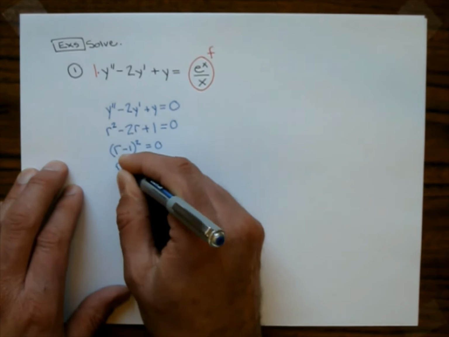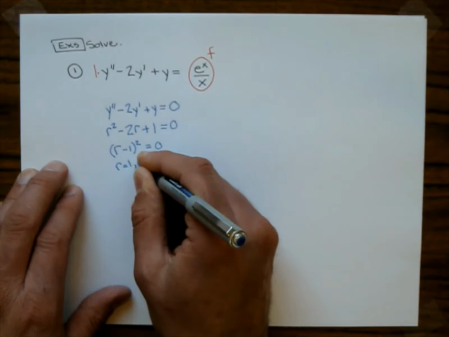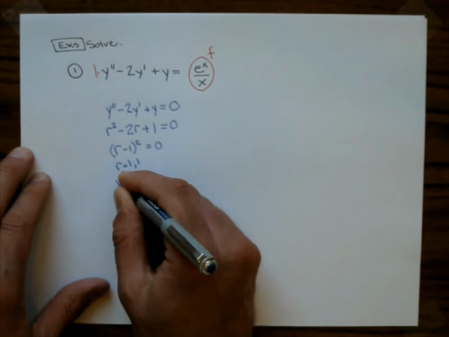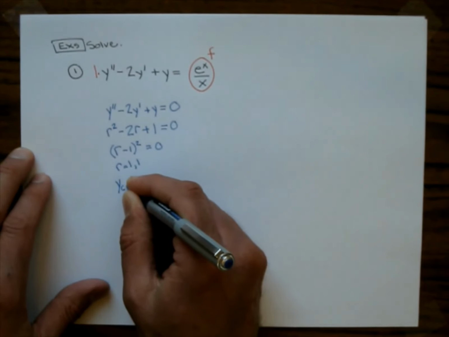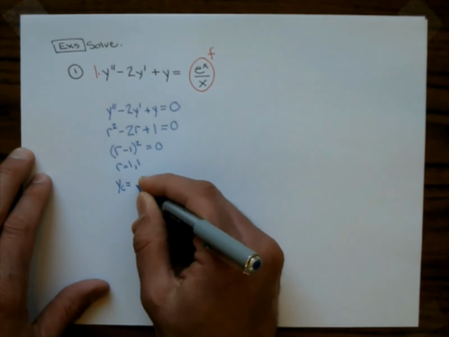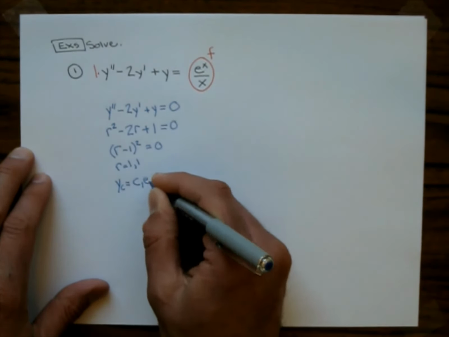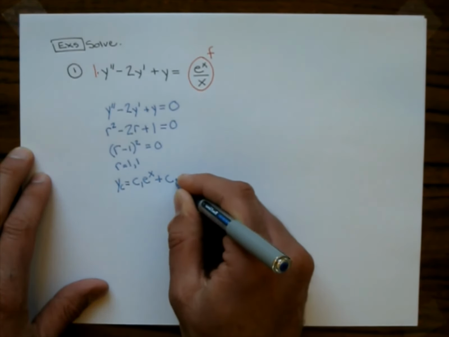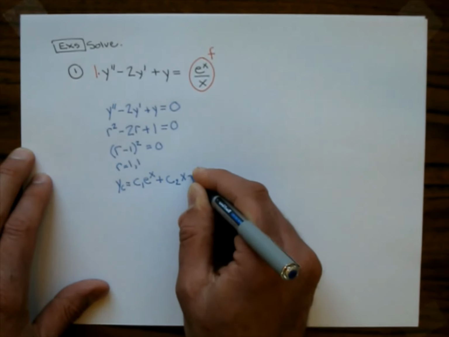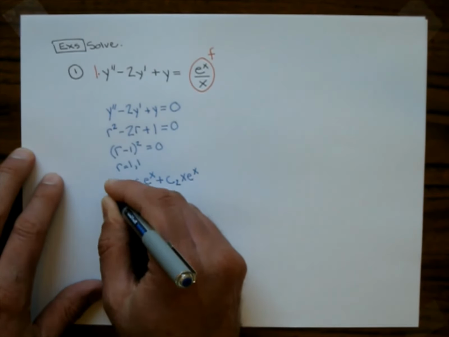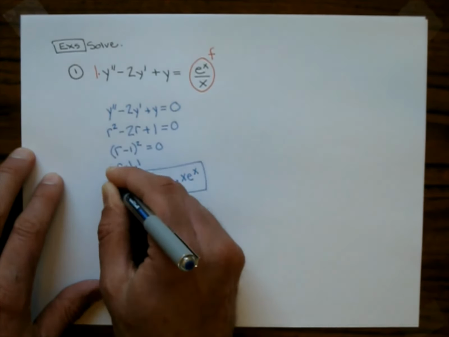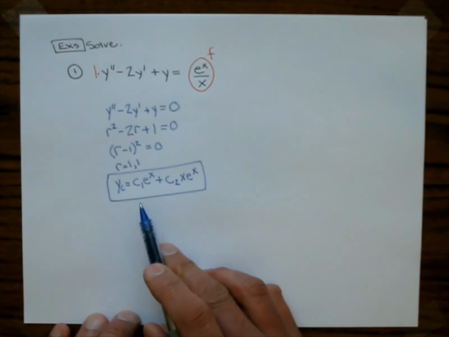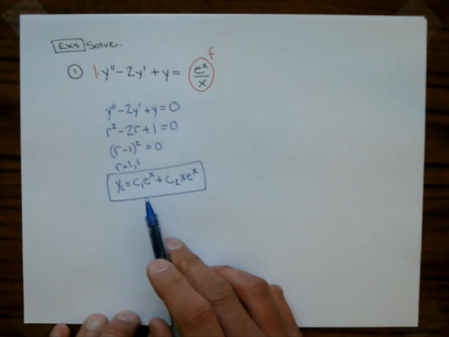So this gives me r equals 1, and also 1, okay? And so my complementary solution, yc, equals c1 e to the x plus, got to put that extra x in this one, c2 x e to the x. And this gives me the complementary solution, which finishes step 3.